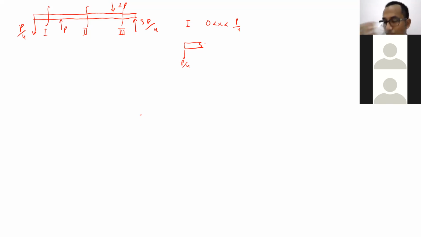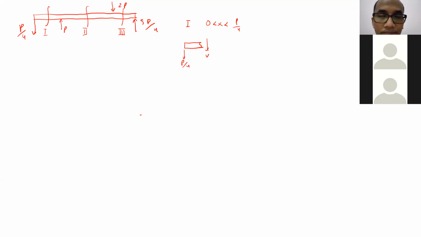So it's not necessary to draw the normal force. What else? Yes, shear force. Going up or down for positive sign? Up. Are you sure? Remember, the sign convention is supposed to give a clockwise rotation to the beam. Oh, okay, down then. Yeah, it's supposed to be going down. V. What else? How about moment?